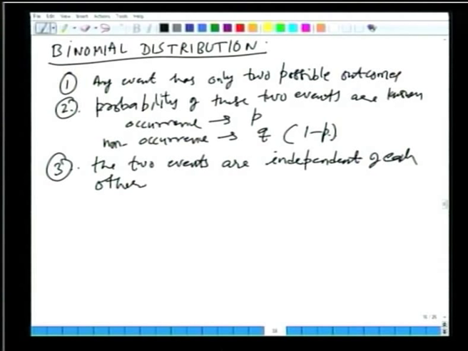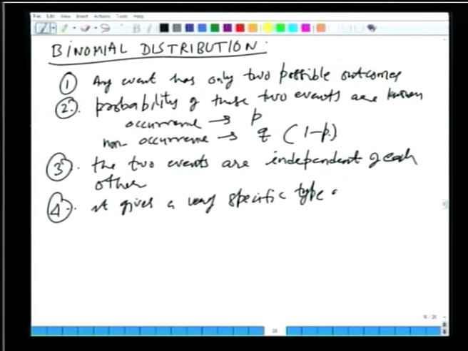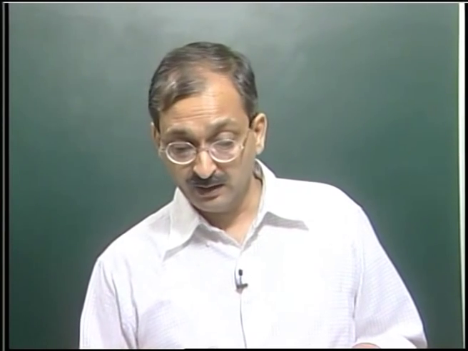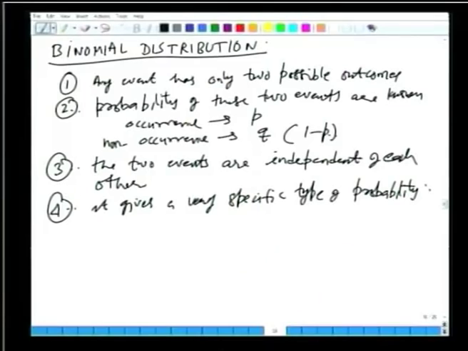And then the last thing I would like to say about the binomial distribution is that it gives us a very specific type of probability of occurrence. And what is that? We are going to look at it in the definition of the binomial distribution.